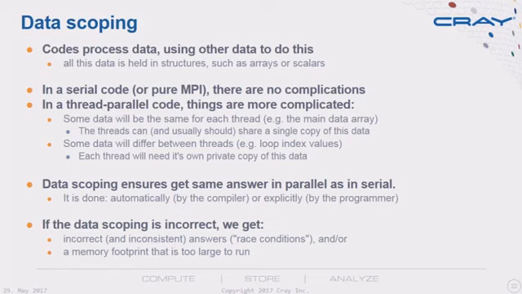For example, the iteration counter in a loop, they differ from thread to thread, but maybe different threads work on a huge array on different portions, so then this array could be shared. And as mentioned, a correct data scoping ensures that your program execution or your result stays correct at the end. So even in a parallel execution, you want to get the same result as you would running it in a serial way, right?